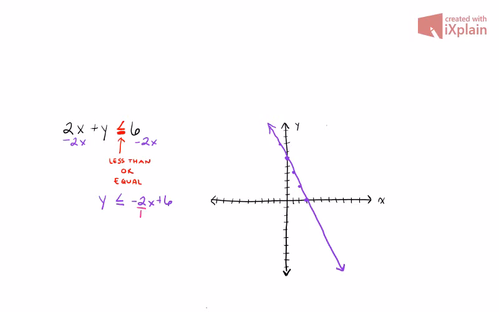So, for example, it looks like I have a point over here at 1, 4. If I were to actually put that into my problem, I'll do that work above here. For the point 1, positive 4, I would put 1 in for x, and I would put 4 in for y, less than or equal to 6. We would get 2 plus 4 is less than or equal to 6.